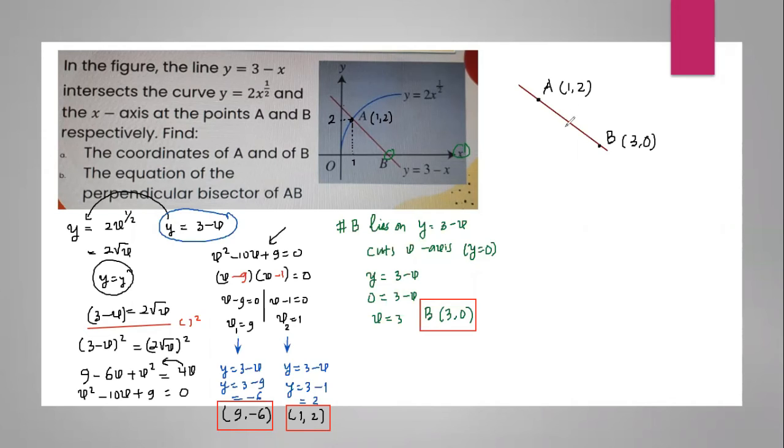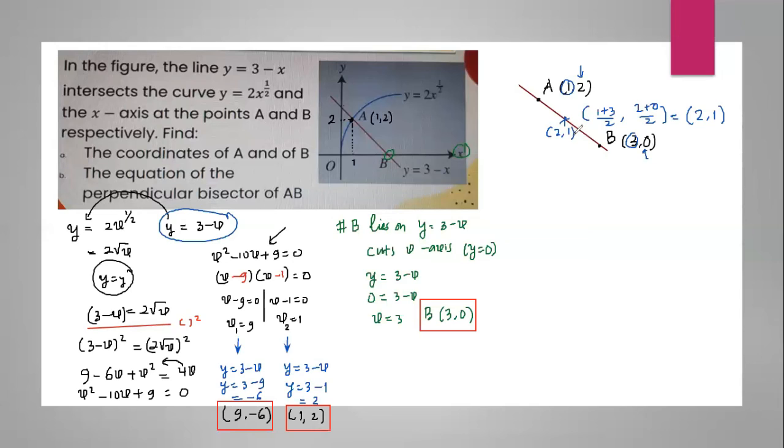So what's the midpoint? 1 plus 3 divided by 2, comma 2 plus 0 divided by 2. You still remember? So you got 2 comma 1. So this one is 2 comma 1 here. Is it? Yes, sir.